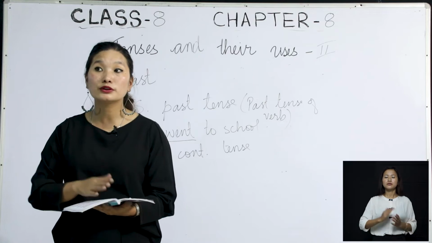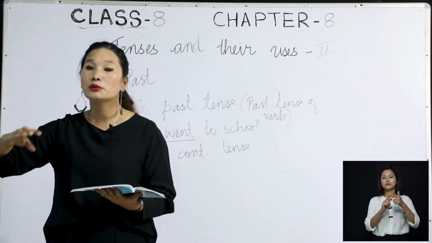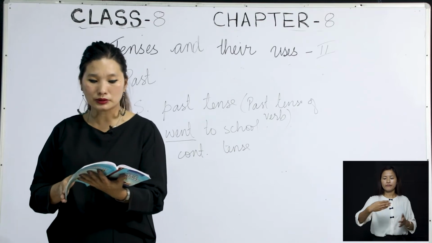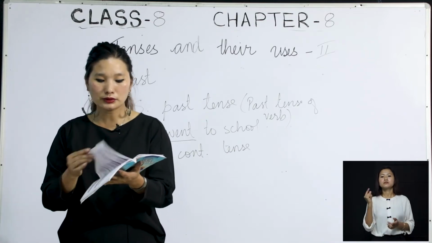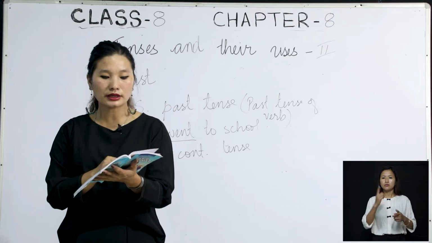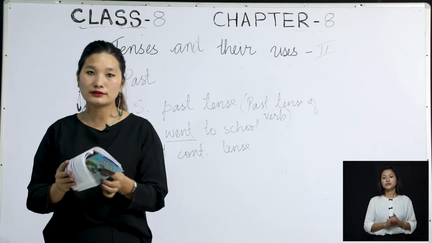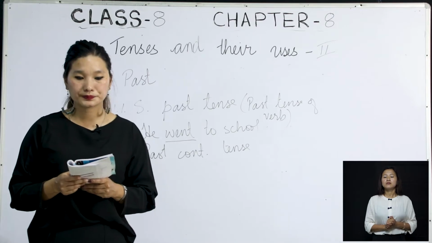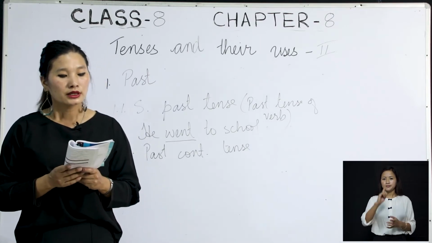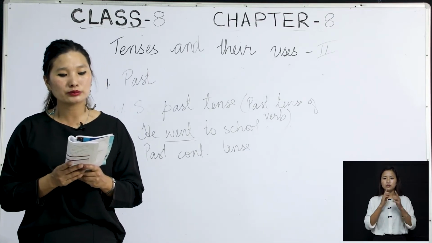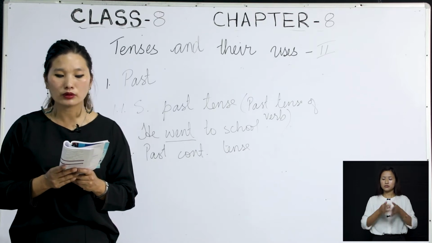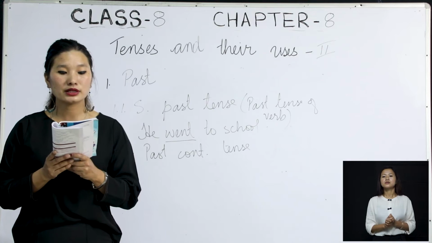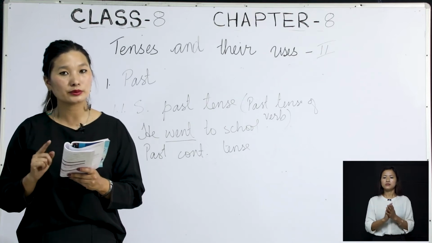If you want to refer to a certain point of time when the action was still continuing, but it is not continuing anymore, okay? I'm just going to give you one or two points here, and then I'm going to leave the rest to you. Uses of the past continuous tense: the first one is to describe an action which was in progress at a point of time or over a period of time in the past, as in, he was reading a novel at 8 o'clock this morning.